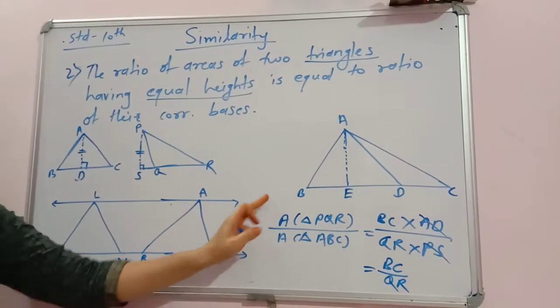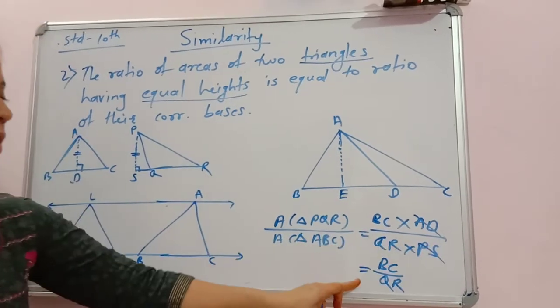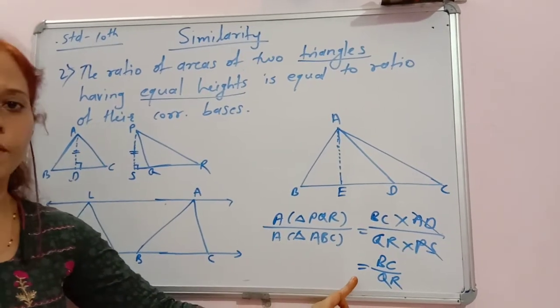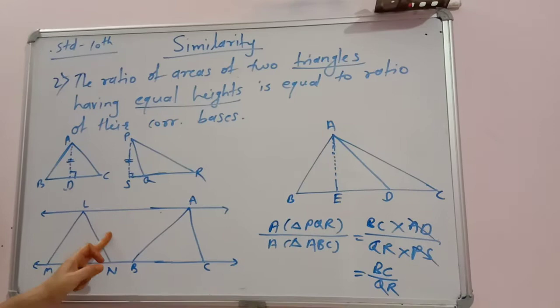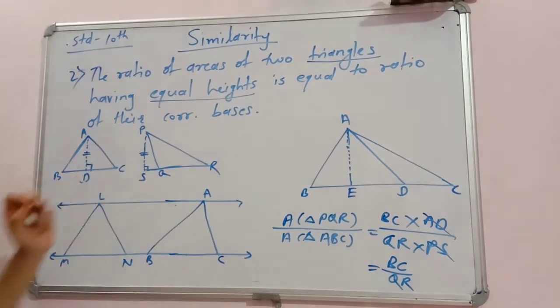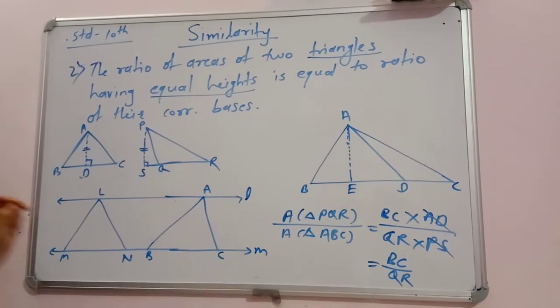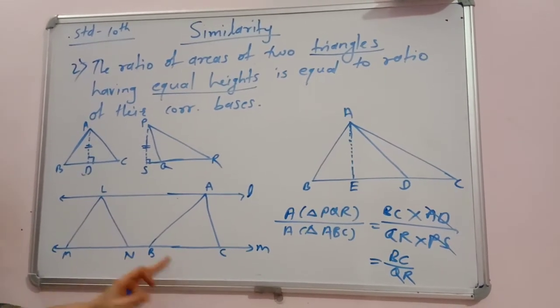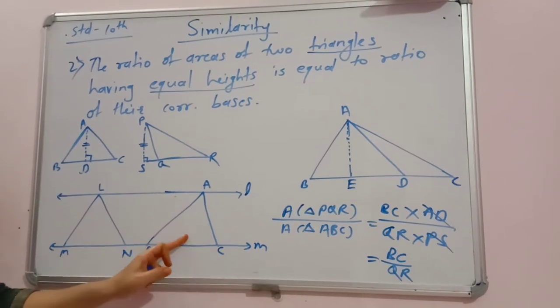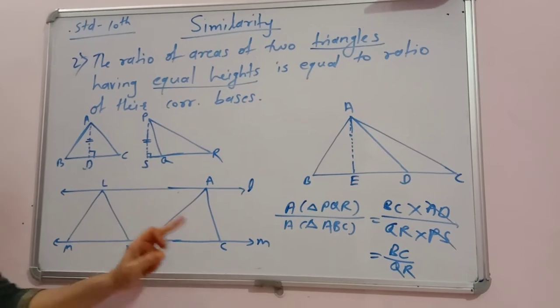That is, the ratio of areas of two triangles having equal heights is equal to the ratio of their corresponding bases. I have drawn a second figure here to understand the concept. Which concept? Triangles having equal heights. Let these two lines be L and M, and if they are parallel lines, then these two triangles have equal heights, because you know that the distance between parallel lines is equal at every point.